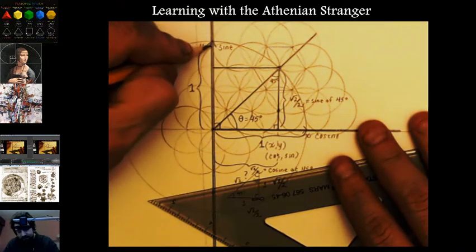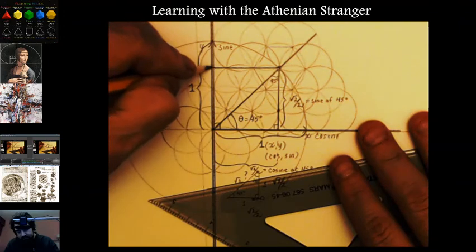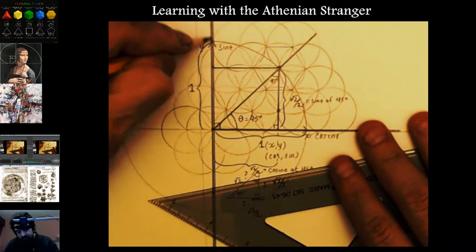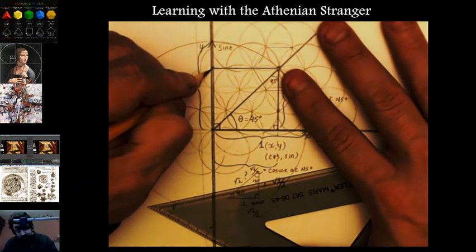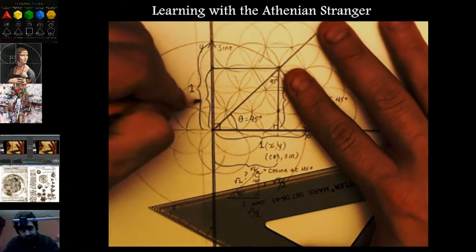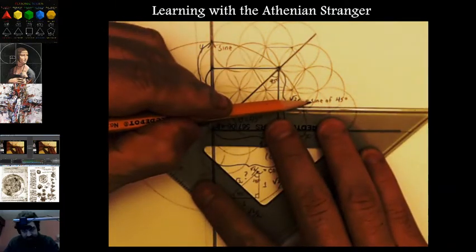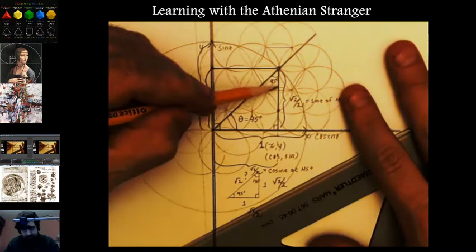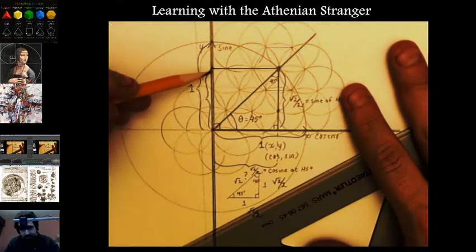One of the things we might be interested in is this distance here, the distance from this point to this point. This distance we've already seen is right there. It's the sine of 45 degrees. I've taken this vertical distance and it's over here now.